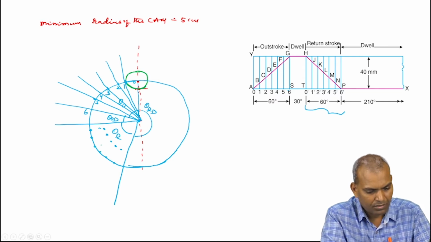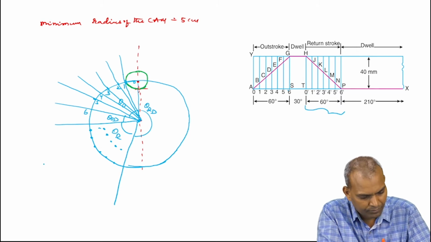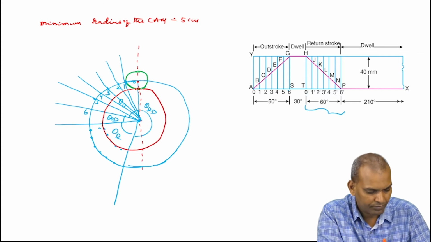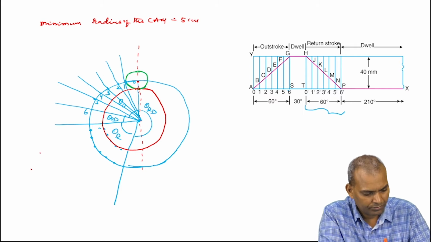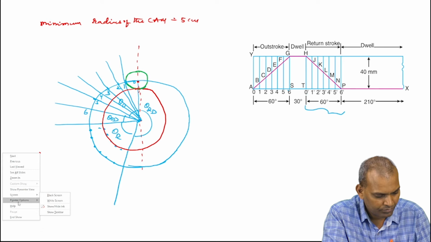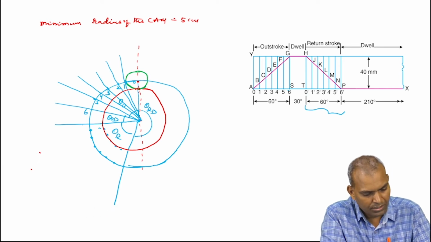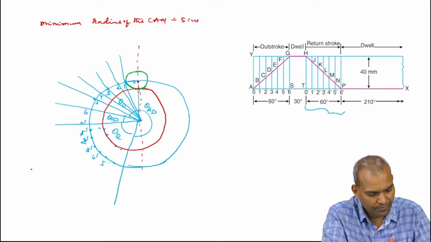What is the base circle? We have to draw the base circle diagram. This is 0 dash, 1 dash, 2 dash, 3 dash, 4 dash, 5 dash.